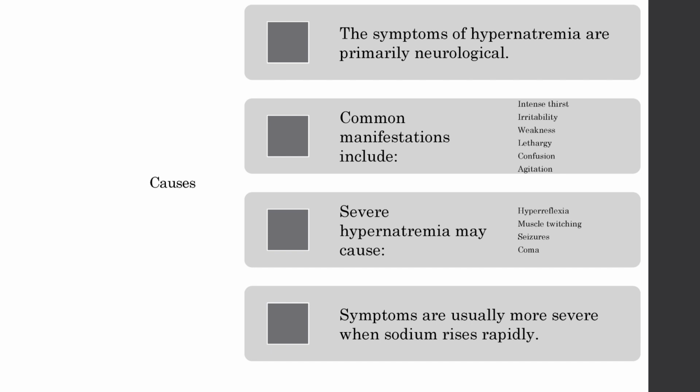Severe hypernatremia may cause hyperreflexia, muscle twitching, seizures, and coma. Symptoms are usually more severe when sodium rises rapidly. Chronic hypernatremia is often better tolerated because brain cells adapt by generating intracellular osmoles to restore cellular volume.